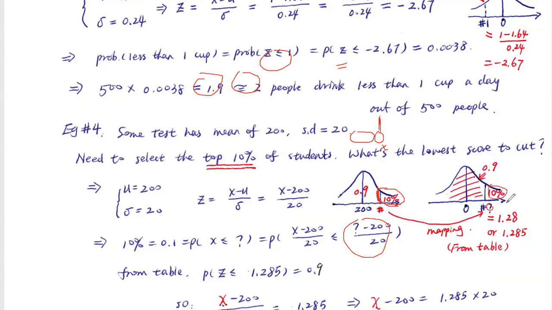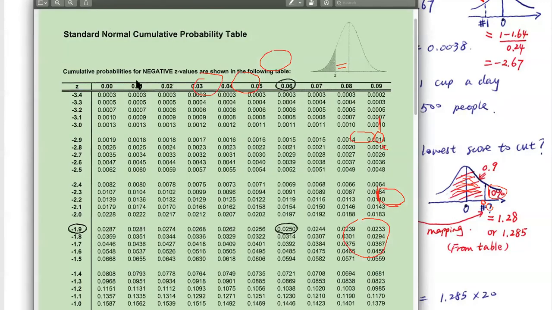Follow me? So in other words, everything to the left should be equal to 90%. Now, the z-table, we can apply the z-table right now because we know the probability. This is a very, very important part.